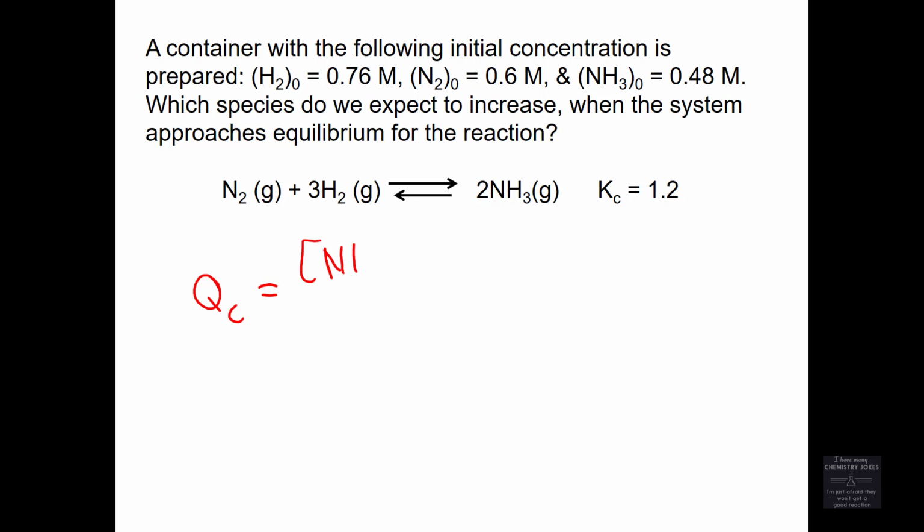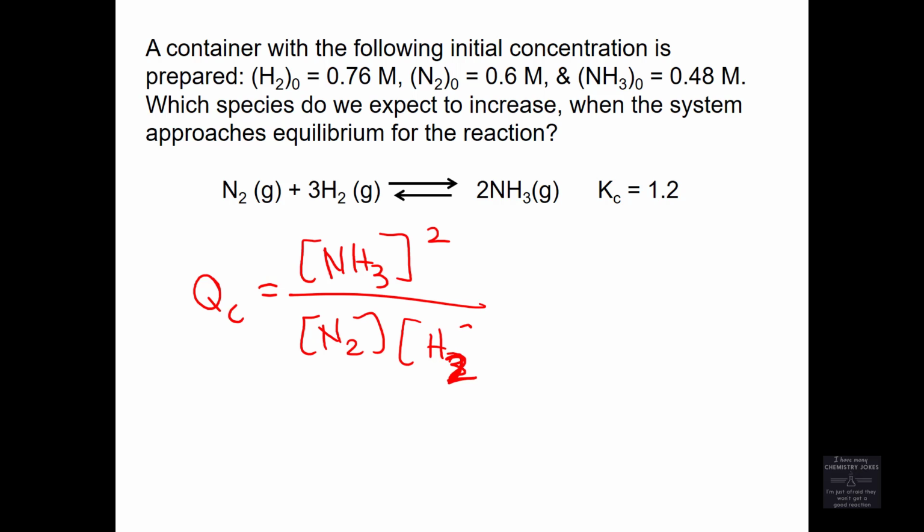The Q expression is the exact same as the K expression. This is where I'm talking about consistency. Products raised to their coefficients, multiplied together, divided by reactants raised to their coefficients, multiplied together. That's a 2. Raised to their coefficients, multiplied together.